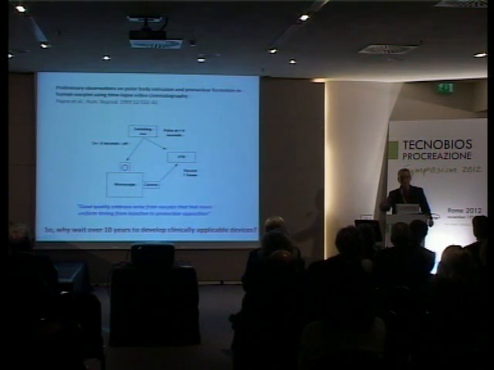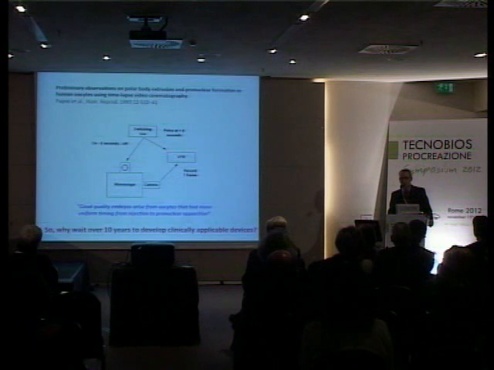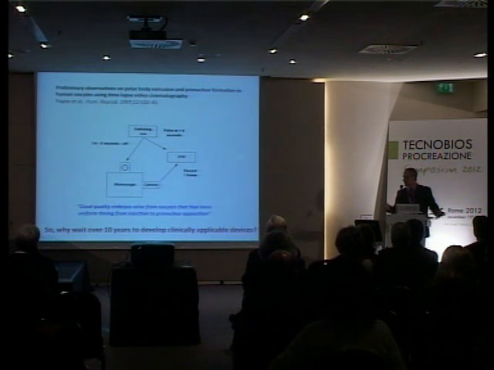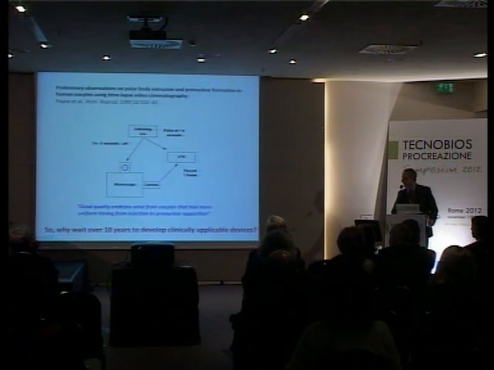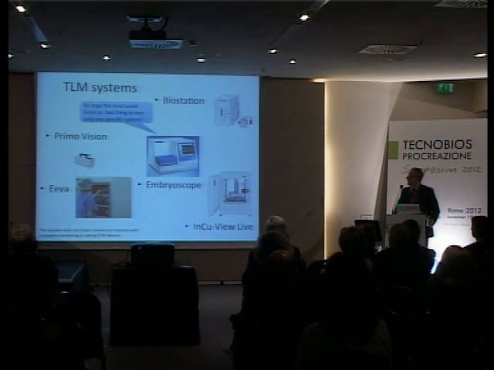So there was already a hint at that time that morphokinetics and time-lapse microscopy could help us. So we should ask ourselves why we waited over 10 years to have a suitable technology that can be part nowadays of our routine laboratory activity, at least in some laboratories.